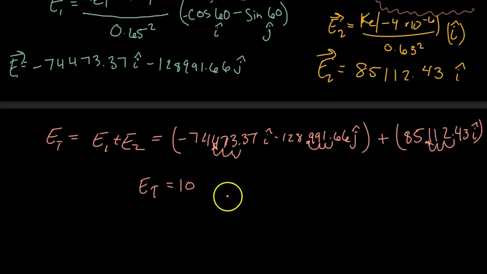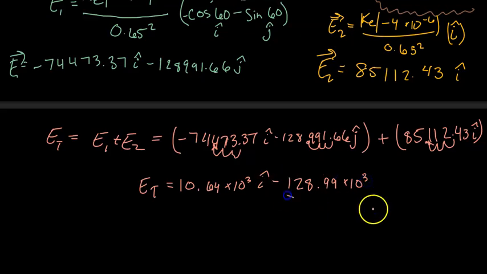And once we get that, we should get 10.64 times 10 to the 3 i hat minus 128.99 times 10 to the 3 j hat. And this should be our answer for that problem.